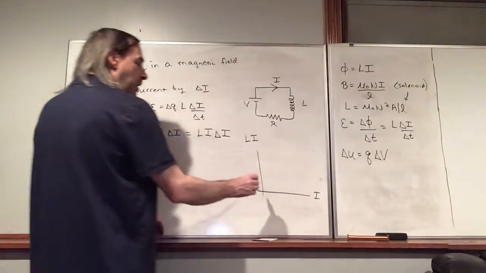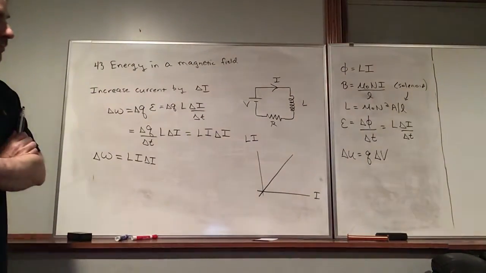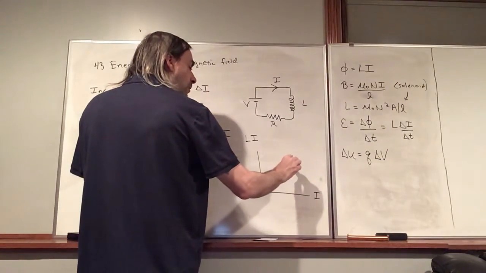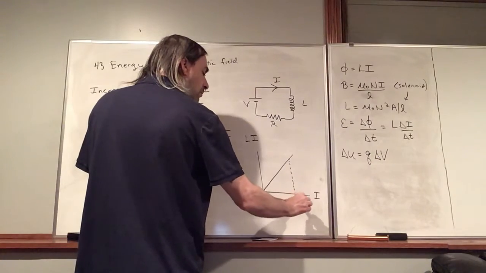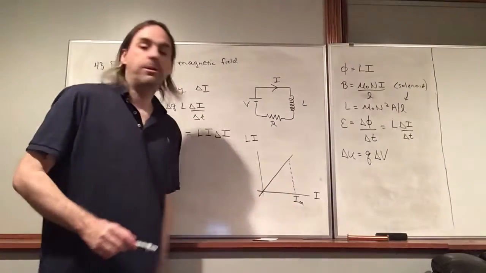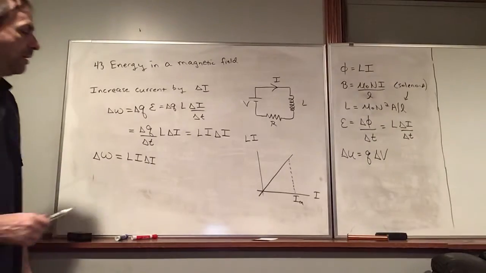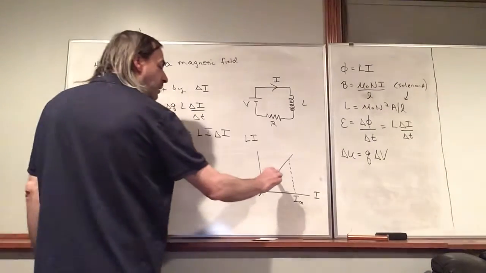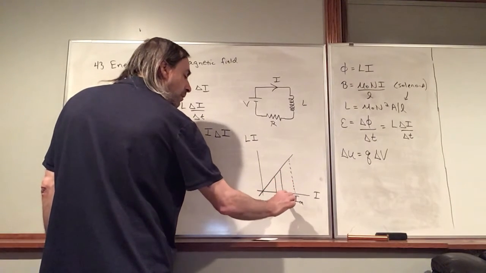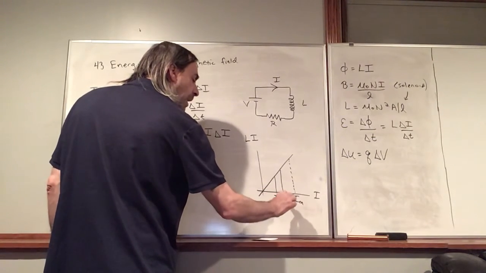So what we get here is a line going through the origin with a slope L. Okay, now I'm going to call this our maximum current. So we're going to start at 0, go up to some maximum value. And let's just look at a small change in current. So we start out with a current I. We end up with a current I plus delta I.